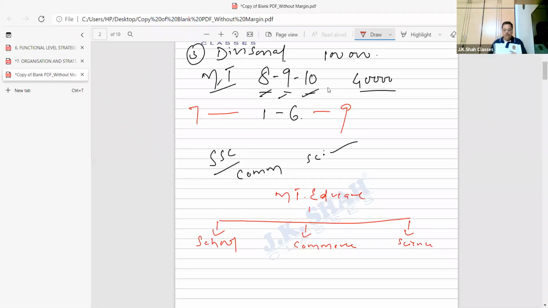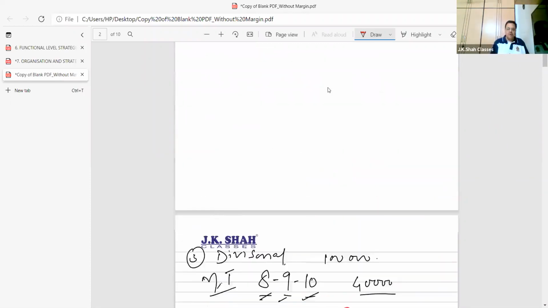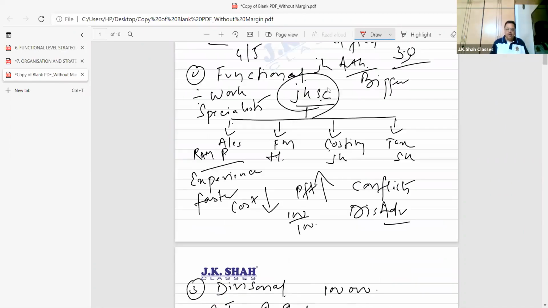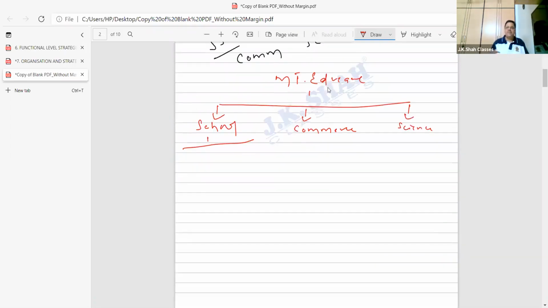Now, in school, commerce and science divisions, we had functional classification as was the case over here. So as you have accounts, FM, costing, tax, in school we have subjects like English, Hindi, Marathi, algebra, geometry, physics, chemistry, biology, history, geography. We had departments like that. So from a very small, simple structure, we went to functional.